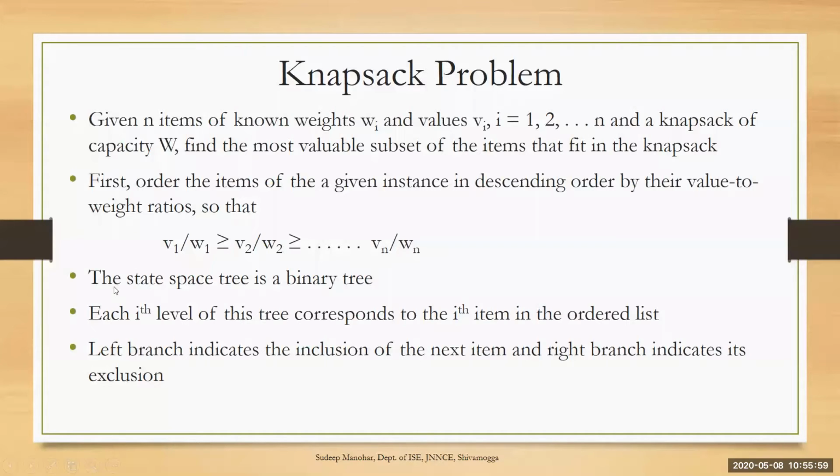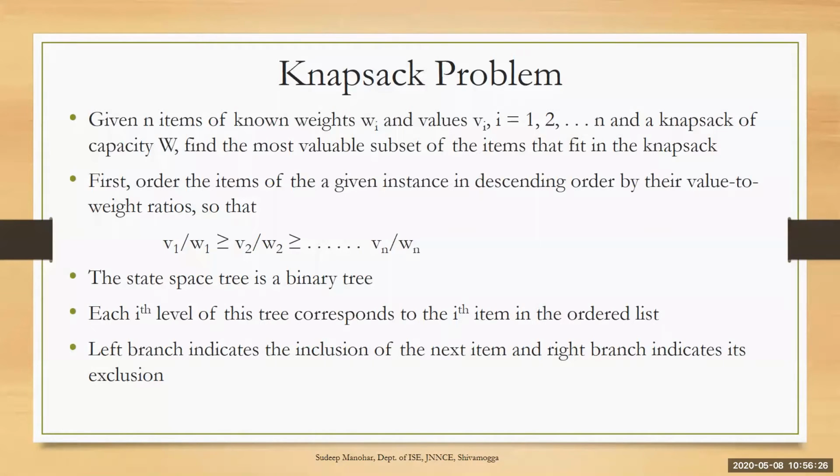Then we have to draw a state space tree, and here the state space tree is a binary tree. You have to remember for which problem you are supposed to use binary trees, and for which problem you are supposed to use just trees. Now, each ith level of the tree corresponds to the ith item in the ordered list. If it is the first level, it corresponds to the first item.